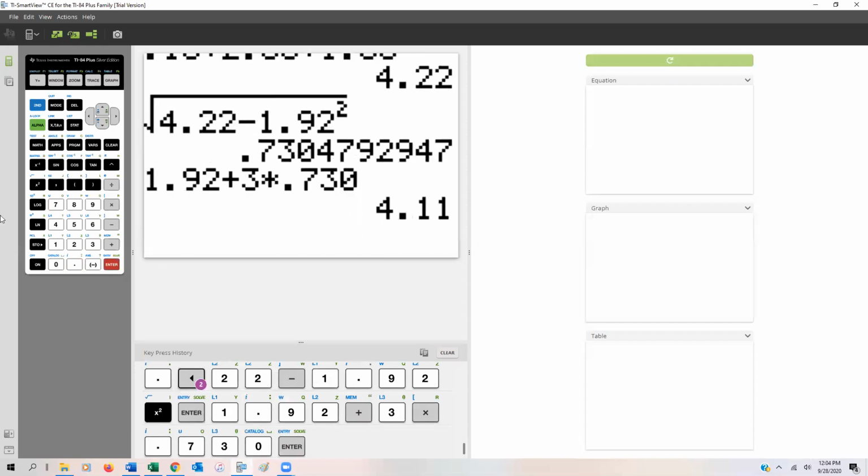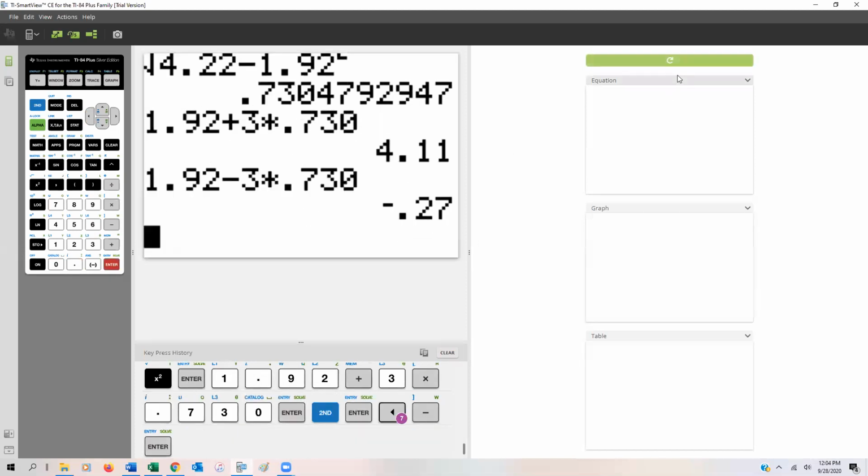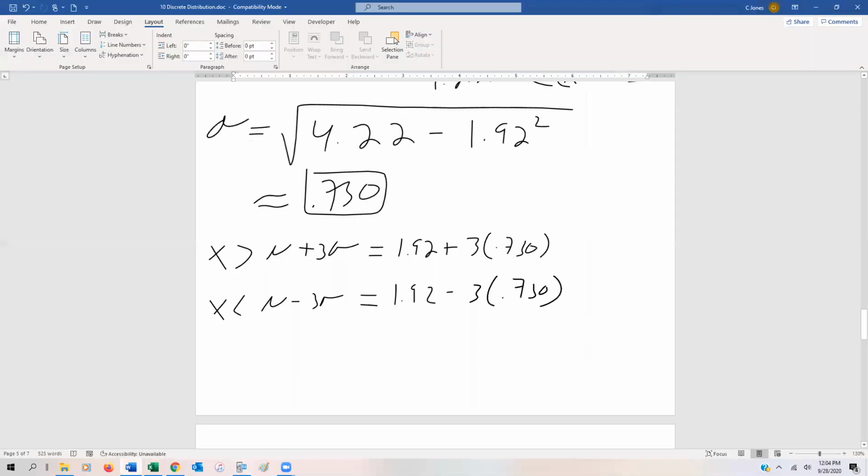And then remember that trick, you can hit second enter. That brings up the last command that you input. And instead of a plus, we're going to change that to a minus. And that's going to yield negative 0.27. All right, so 4.11 and negative 0.27.